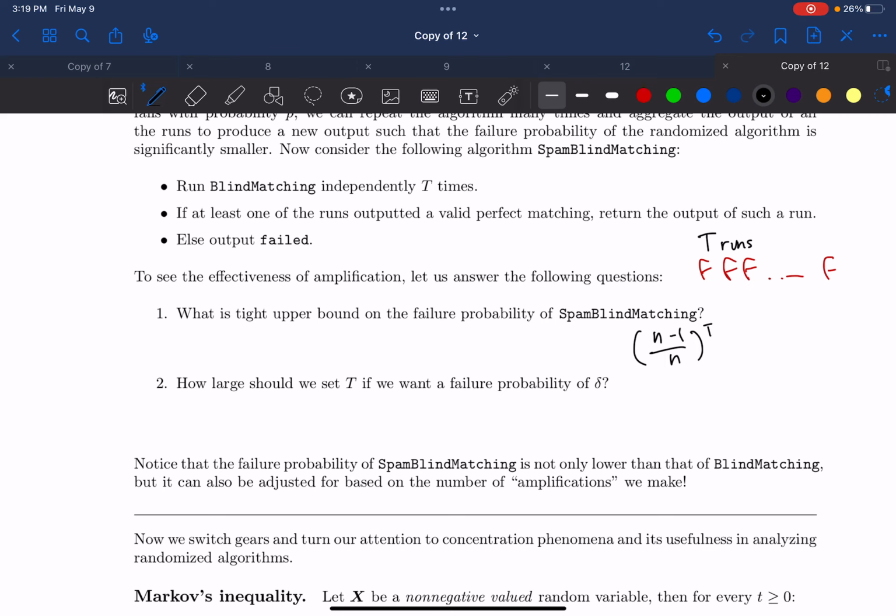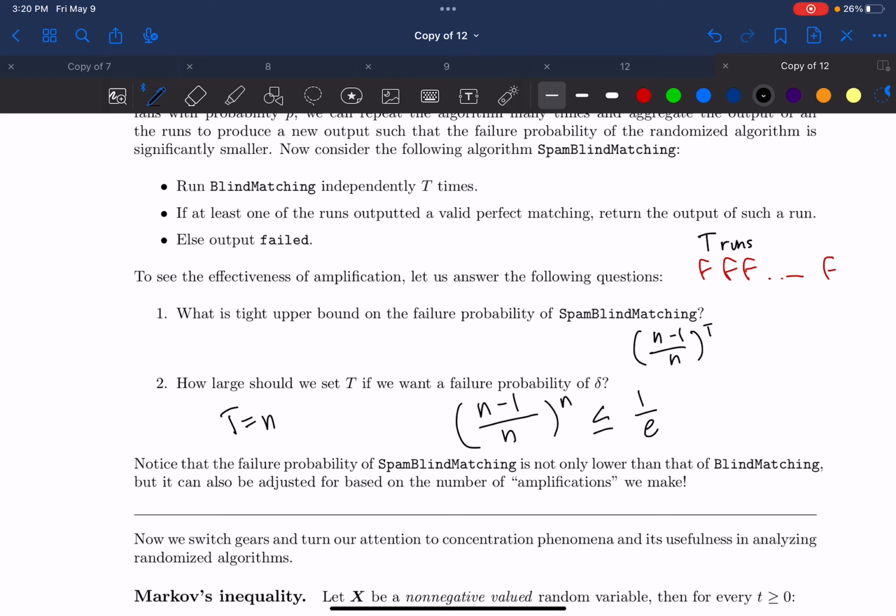Part 2 then asks how large should we set t if we want a failure probability of delta. This is mostly just some mathematical massaging, but there is an observation here, which is that if you raise n minus 1 over n to the power of n, it's going to be less than or equal to 1 over e. The way you're going to use this is that if t equals n, then it's going to yield a value that's less than 1 over e.